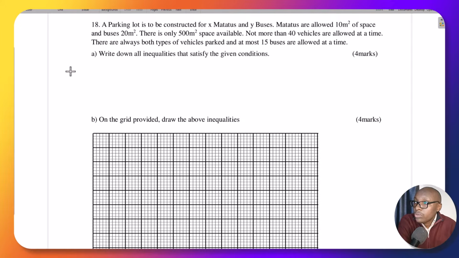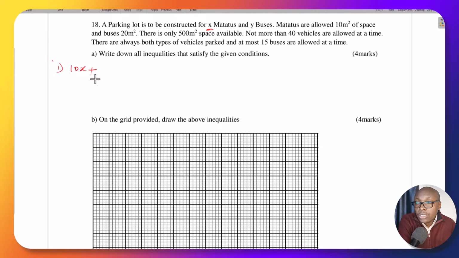And the inequality will come from the space. So we have X matatus and the space allocated for matatus is 10 meters squared. So for X matatus, you have to multiply that. So you have 10 multiplied by X. So that will be 10x meters squared.